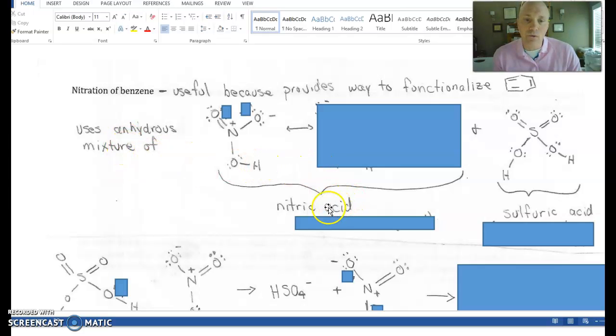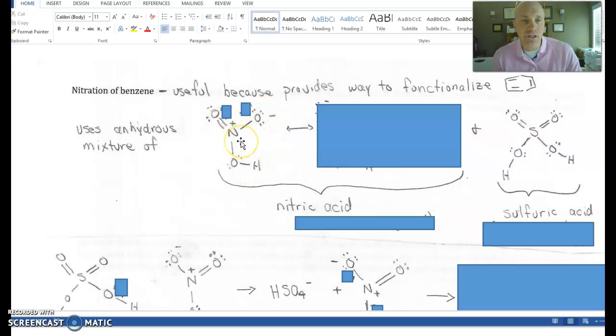So I drew the structure of nitric acid here, and if you were to draw a regular Lewis structure showing all the electrons, it would look something like this. We would have two lone pairs on this oxygen, a double bond here, a single bond here, and three lone pairs there.